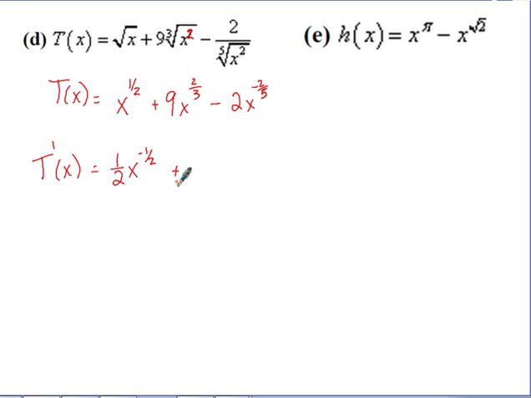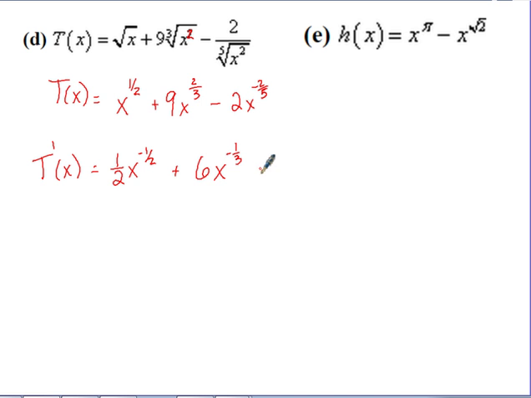Plus, so 2/3 times 9 is 6. X to the negative 1/3. Now what?